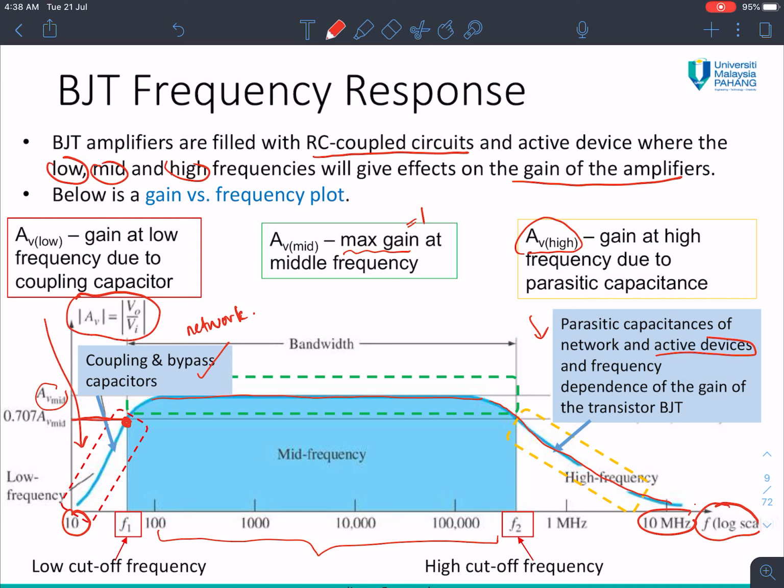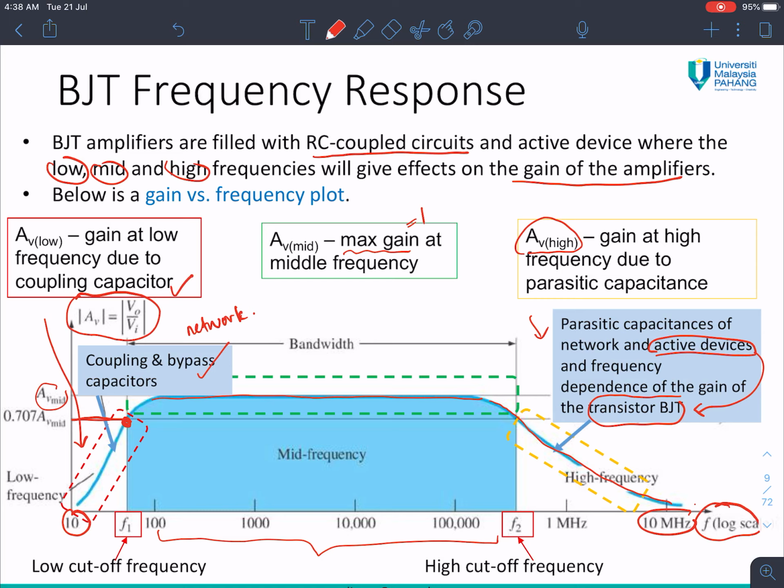Okay, an active device, and the frequency dependence of the gain of the transistor BJT. So the active device here is a transistor BJT. Okay, so this is the difference. The first one, the gain will be low at the low frequency due to the coupling capacitor.